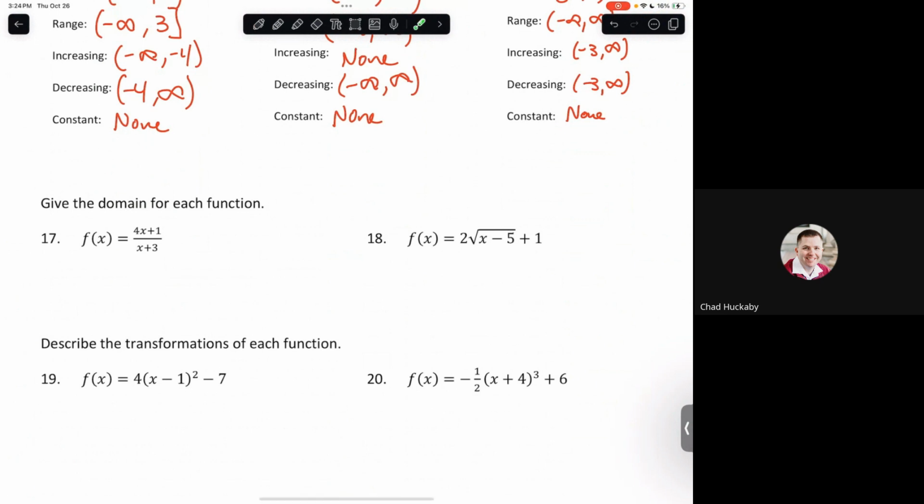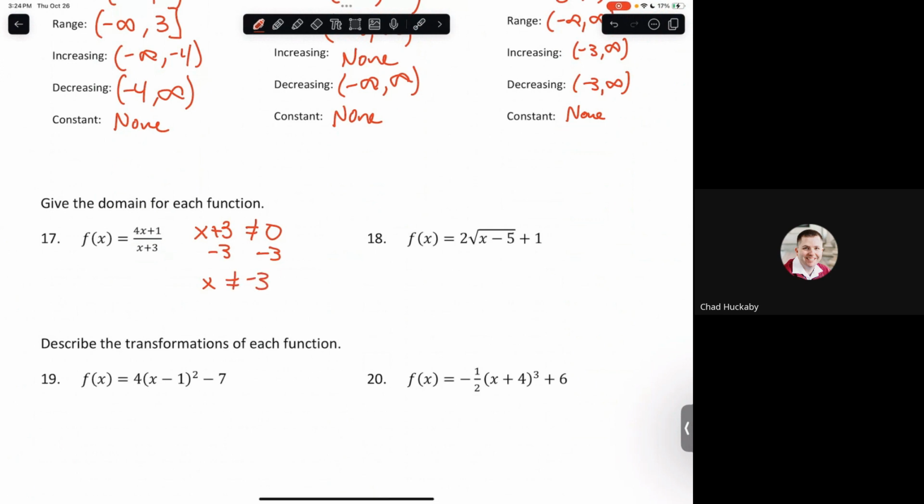So number 17, we want to determine the domain for the function. What part of this function gives us a problem? Well, in a fraction, this bottom part cannot be 0. So we have to say that x plus 3 cannot equal 0. And we can solve that by subtracting 3, and we get x cannot be -3.